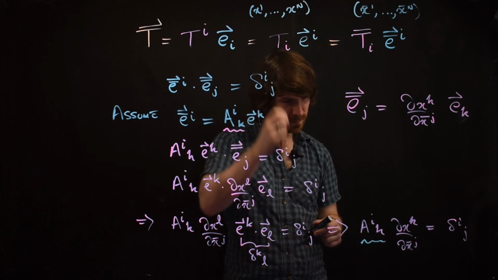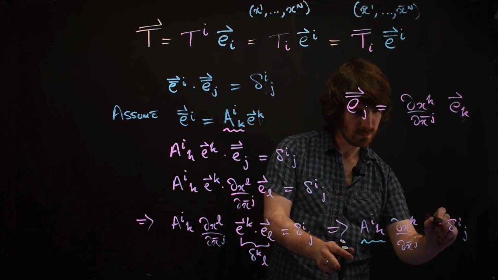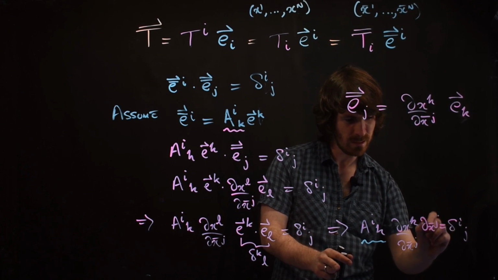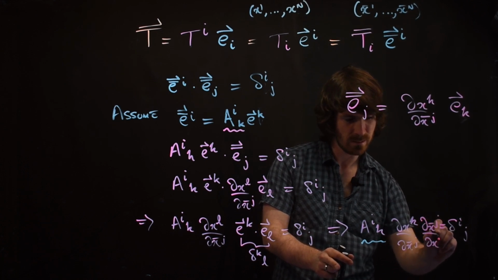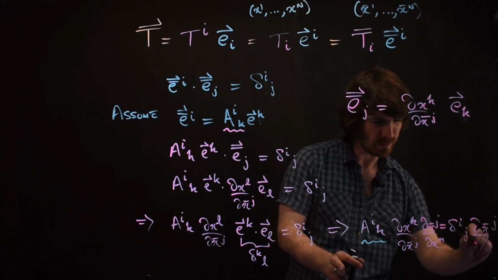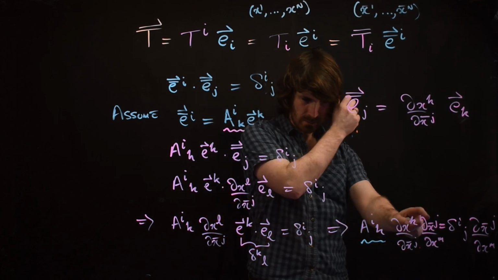To do that, let's multiply both sides by dx bar j by dx^m, and we sum over j.